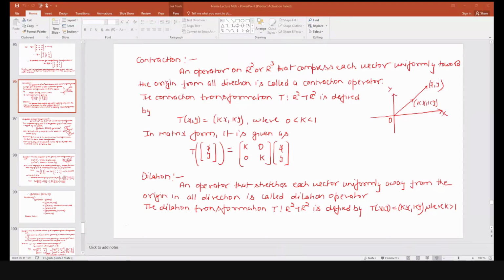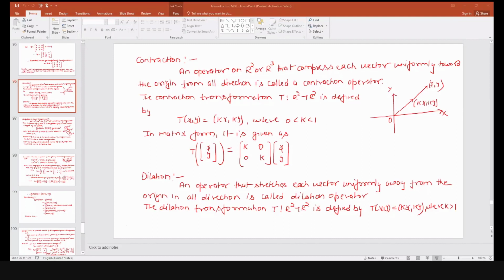So the operator that compresses each vector uniformly toward the origin is a contraction operator. The contraction on R square is defined by T of (x, y) equal to (kx, ky), with k between 0 and 1. It is called a contraction operator, which compresses your vectors uniformly toward the origin from all directions.